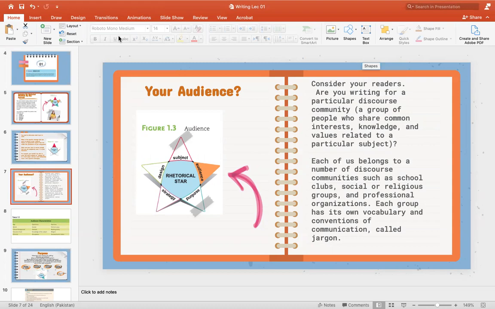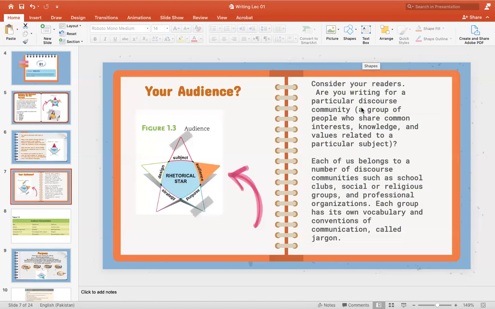So you have to consider your readers. What's important is for what particular discourse community you're writing. That's very important. And what is a discourse community?